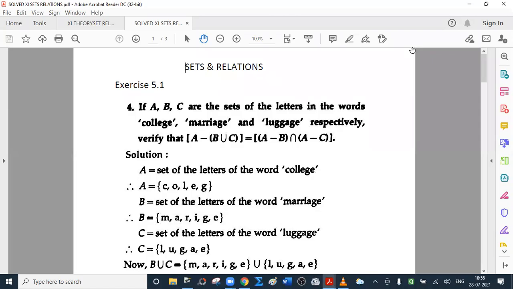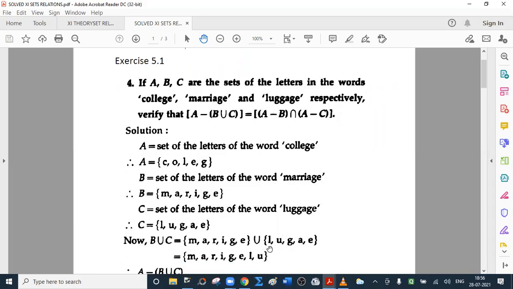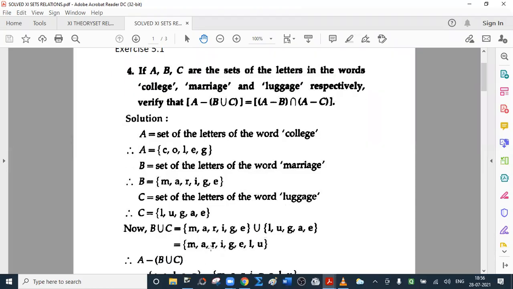B, set of letters of the word marriage, M, A, R, I, G, E. C, set of letters of the word luggage, L, U, G, A, E. That's it. Now, what is B union C? In exam, you can directly write this, but here they have mentioned first B and then union C. And what is the union? M, A, R, I, G, E, L, U.